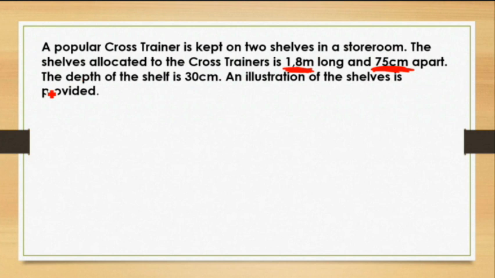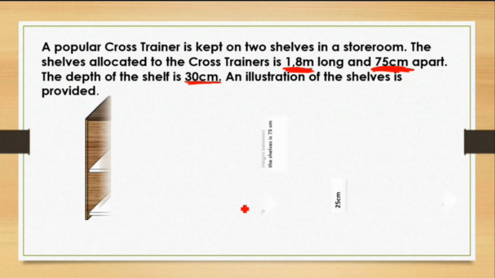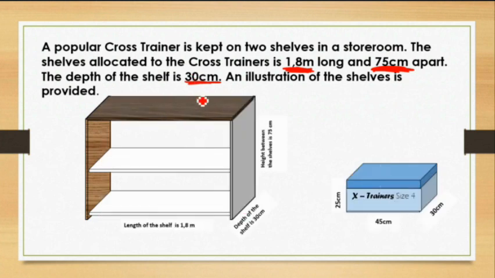to. So the depth of the shelf is 30 centimeters. Now, an illustration of the shelf is provided. So there we go. There's the shelf and there's the trainer. It says that the height between the shelves is 75. So that means this part, guys, is 75 centimeters.